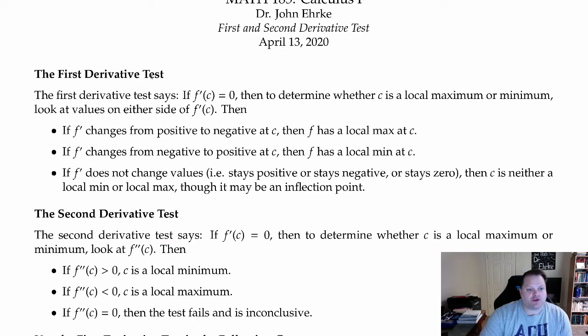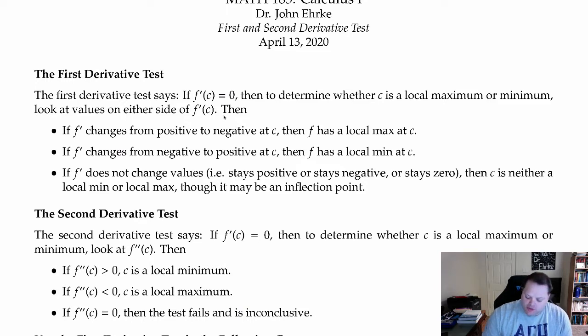So let's start with the first derivative test. The first derivative test says, if you have a critical point, then to determine whether that critical point is a local max or a local min, you need to look at either side of the critical point. In other words, you need to test values of the derivative to the left and to the right of the critical point.